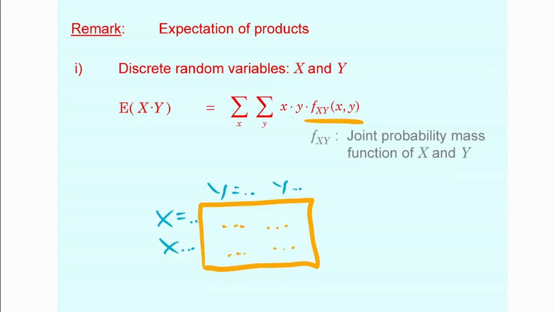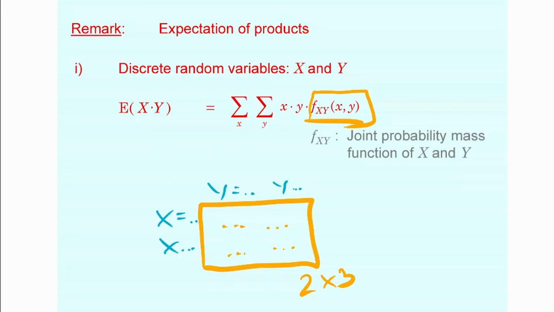So let's say x has 2 realizations and y has 3 realizations. Then the contingency table is going to be a 2 by 3 matrix, and so you have 6 summands. The weighted sum of the products is going to be over those 6 realizations, which are generated from the combination of the two.